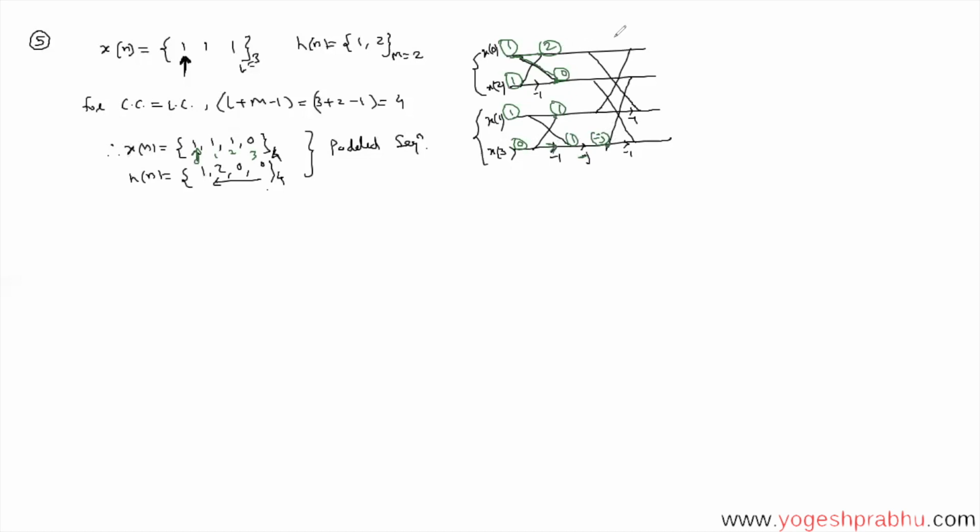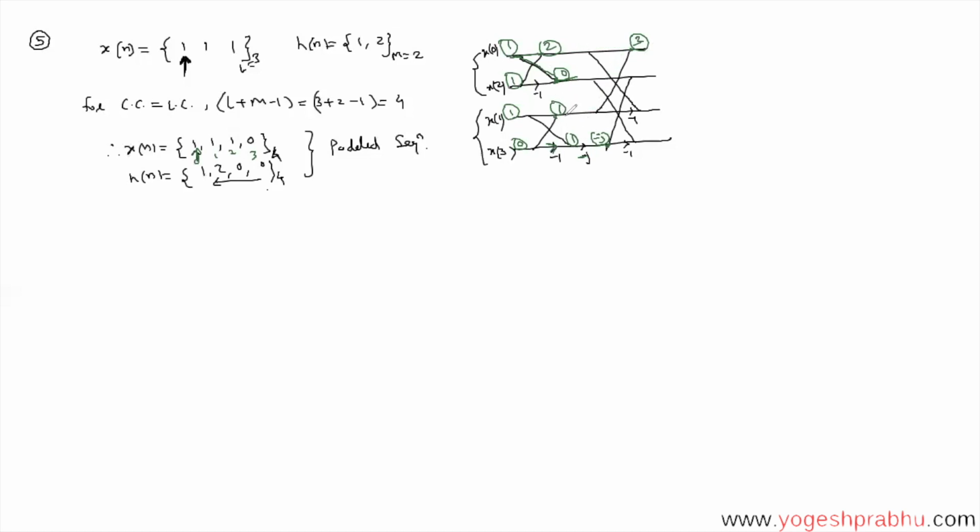Then 2 comes here and 1 comes here. 2 and 1 is going to be 3. Hold on real quick, the 3, we're getting 2 from there and 1 from there. Got you. That's 3.